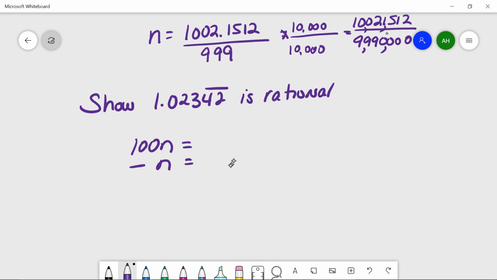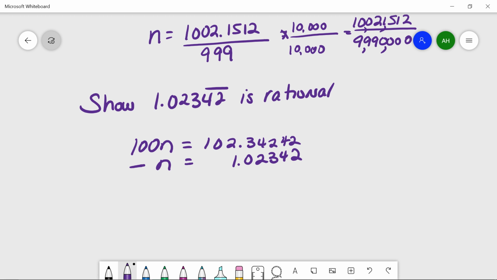Over here n equals 1.02342. I'm going to move my decimal point 2 places and get 102.342, and then that 42 is going to keep repeating.